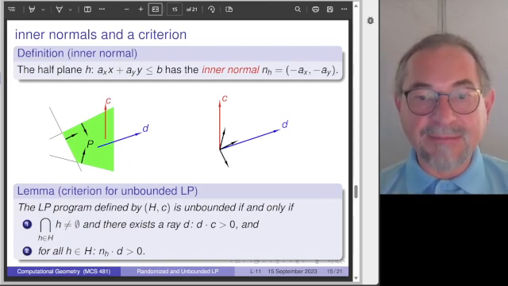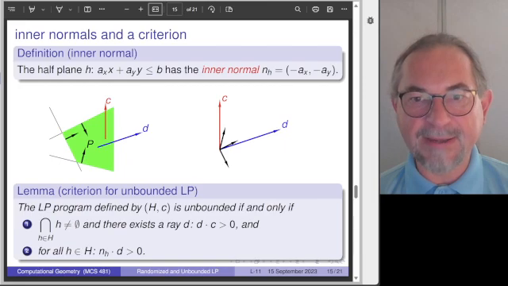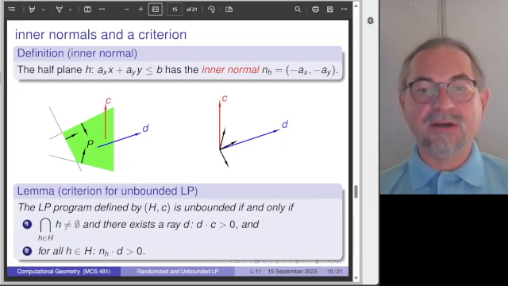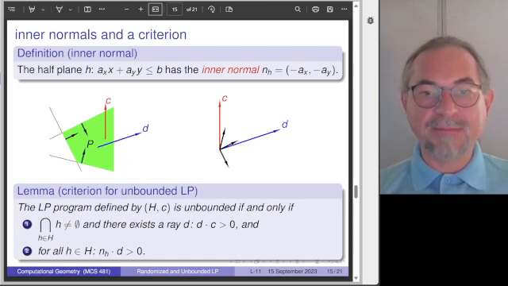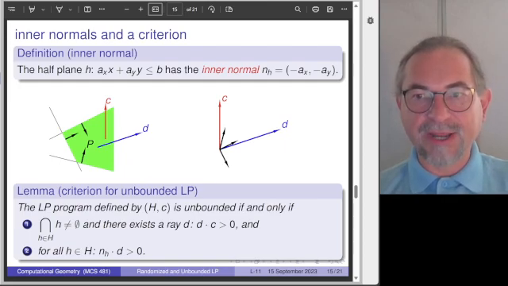And here the lemma is actually the observation that I made before. This gives the criterion for the ray. We have an unbounded linear program if we have two conditions. For all inner normals, the inner product with this ray is positive.